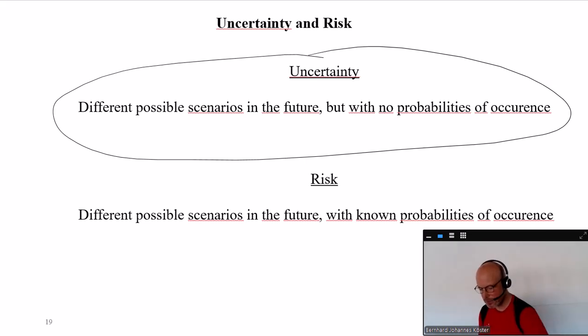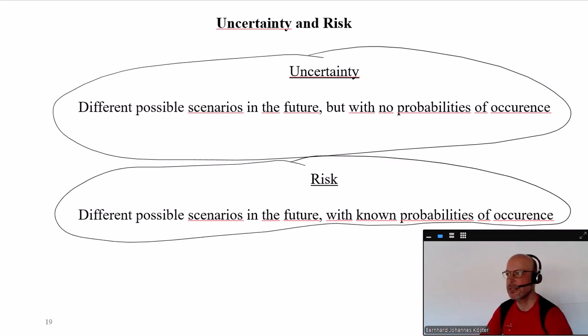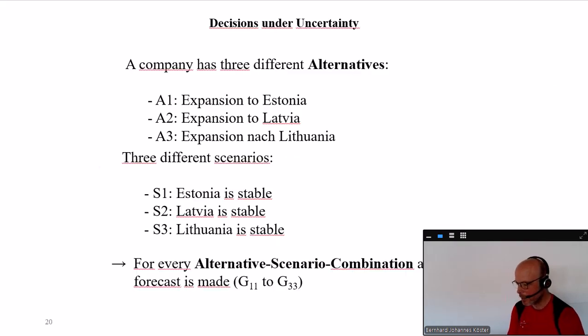And such a situation we call a decision under risk. Maybe you have talked about this also in other lectures. Okay, and now we will go through some different decision rules, once in a situation of uncertainty and in the other case in a situation of risk.